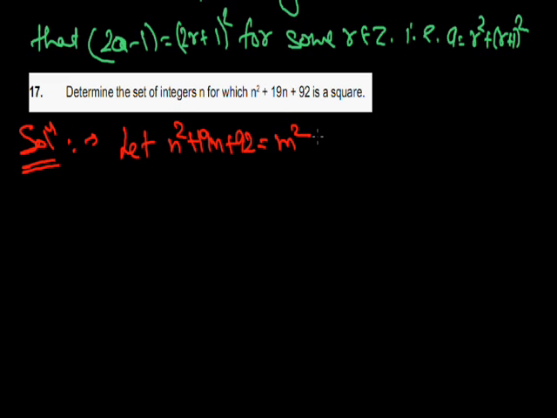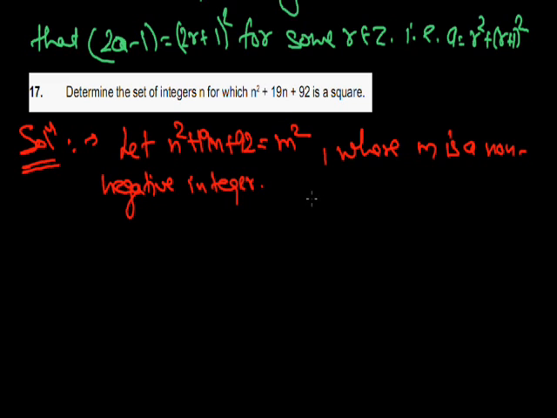So let us denote n²+19n+92 is equal to m², where m is a non-negative integer. Then we can say that n²+19n+92-m² is equal to 0.